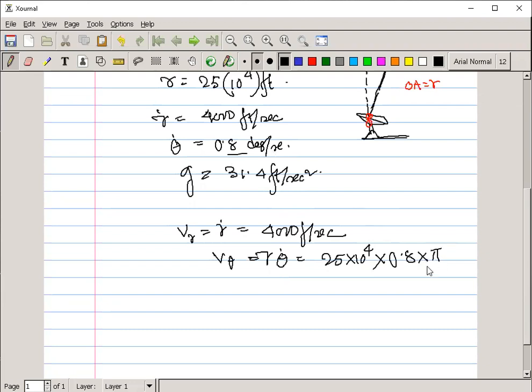So in normal magnitude, if we convert, multiply by pi by 180. So please tell me what is the value of 25 into 10 to the power 4 into 0.8 into pi by 180? How much is it? Please reply at least. What is the value of this?